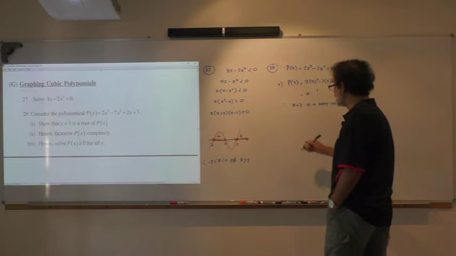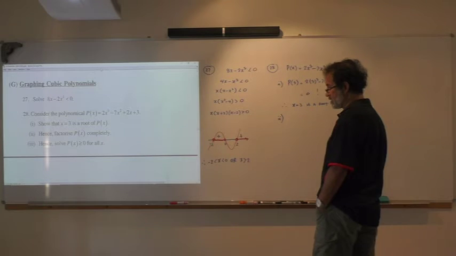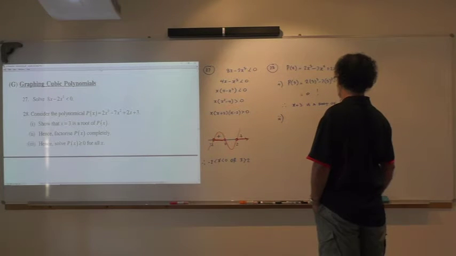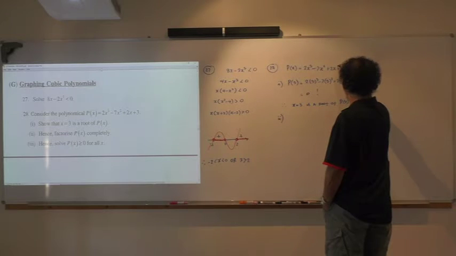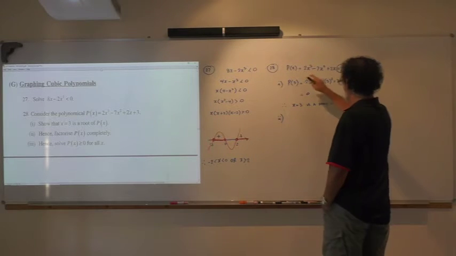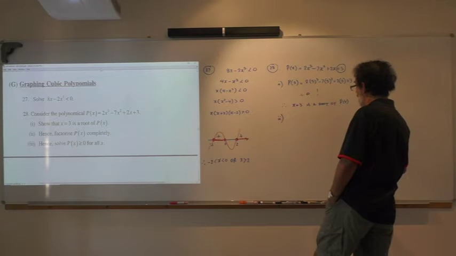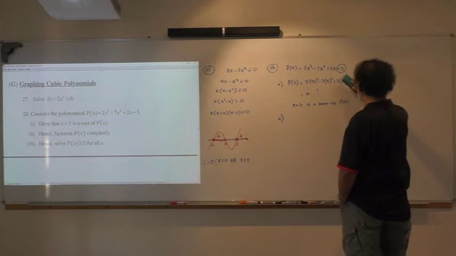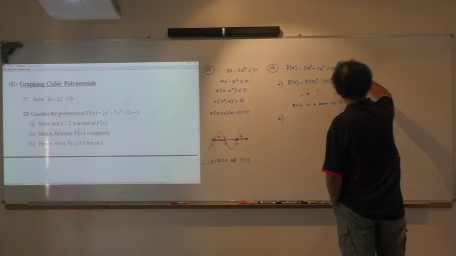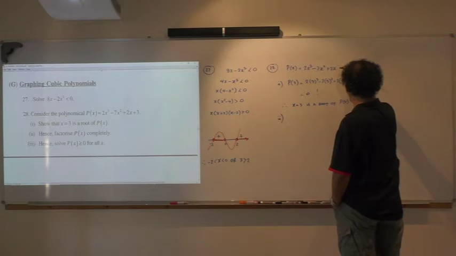Okay, and then in the second part, they say that we need to factorize completely. To factorize completely, we could find factors of positive 3 and evaluate them in there. Or, even better, we already know that x equal 3 is a root.